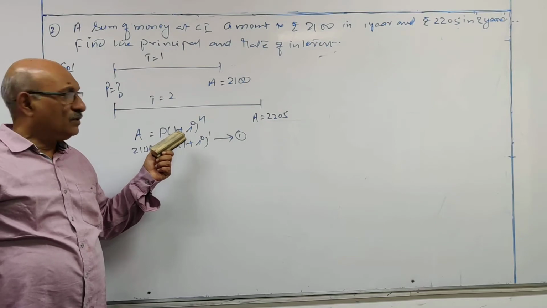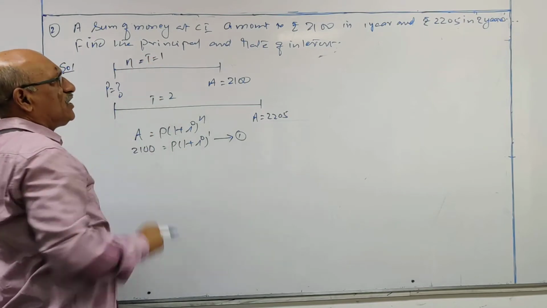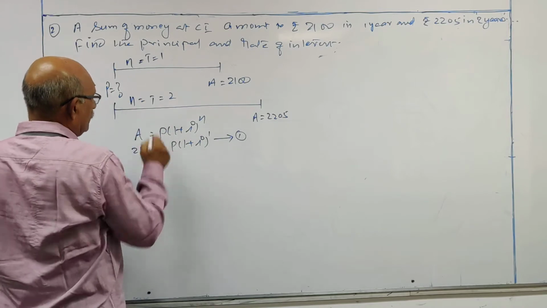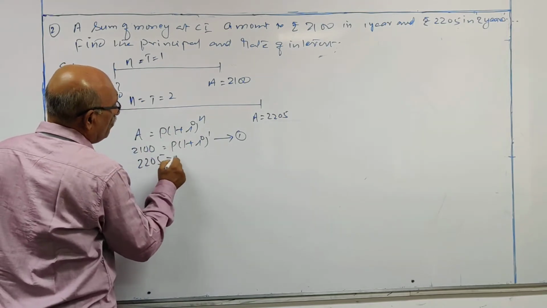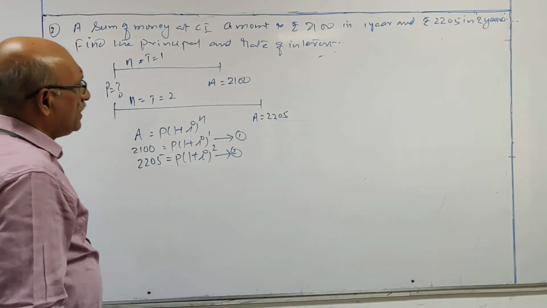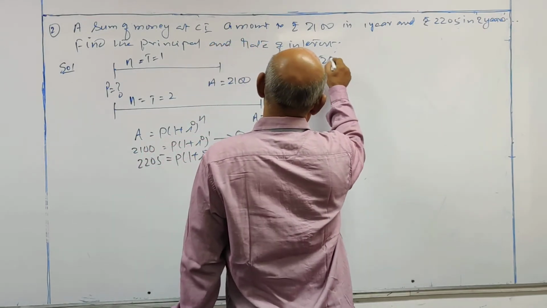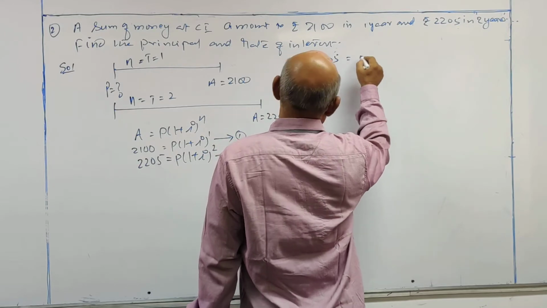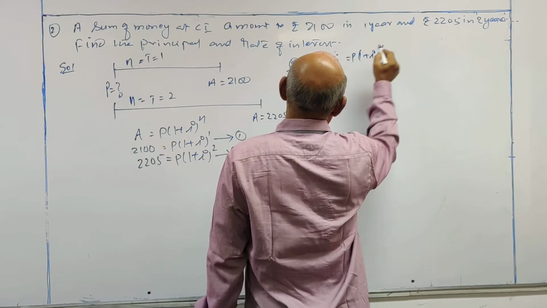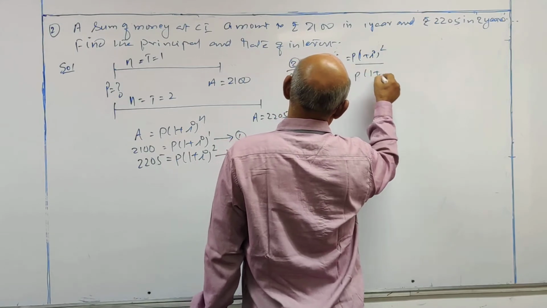In the formula of amount, I know A value, I know N value. Here conversions are not there, so N is equal to T. 2205 is equal to P into (1 plus I) whole square. This is equation number 2. So equation number 2 divided by 1: 2205 by 2100 is equal to P into (1 plus I) whole square by P into (1 plus I).